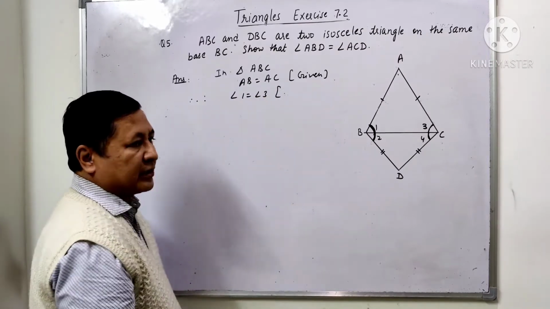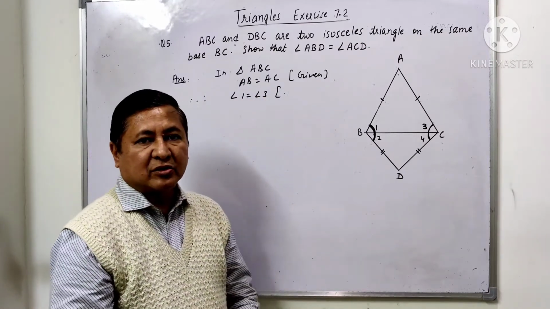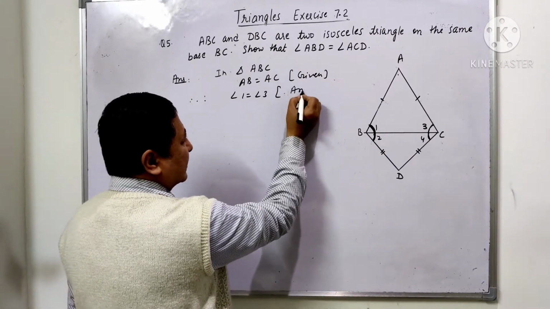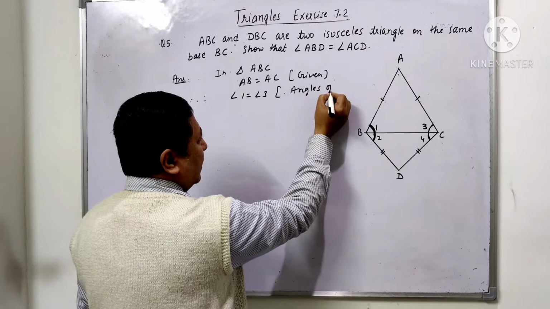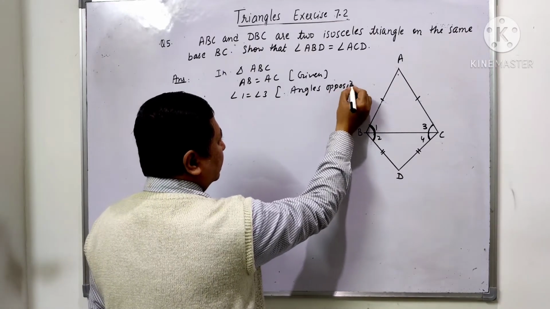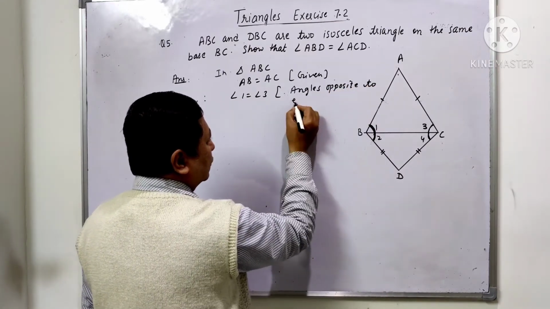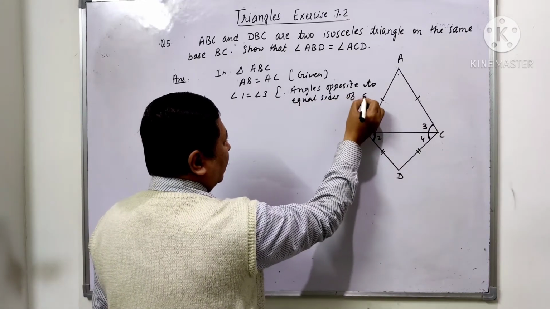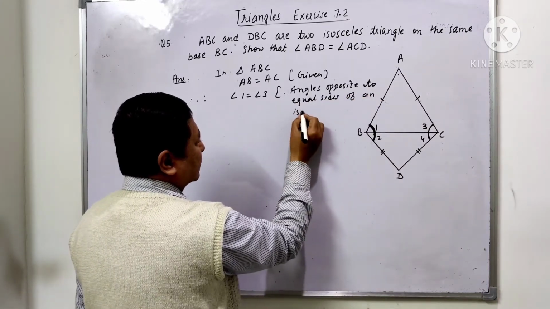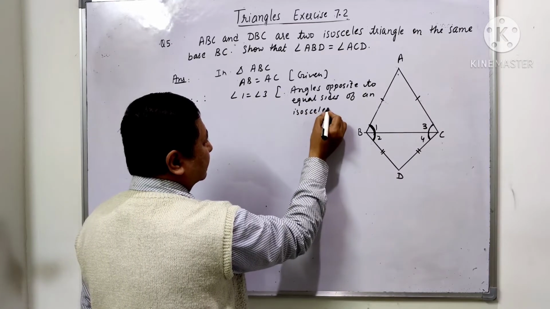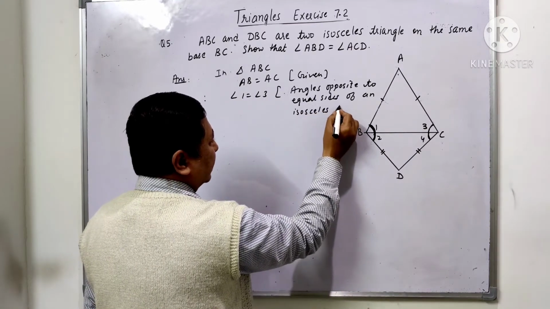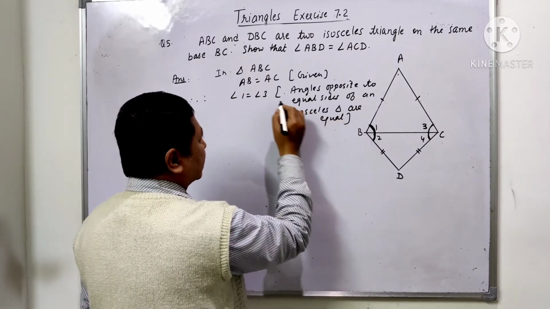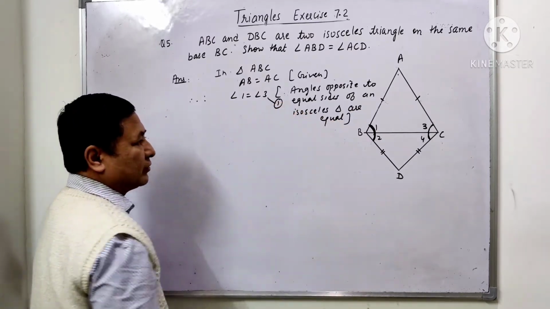The reason is the angles opposite to equal sides of an isosceles triangle are equal, and we are giving this as equation number 1.